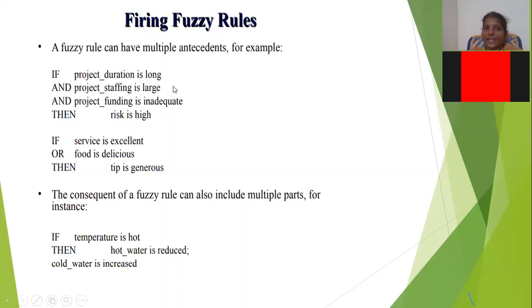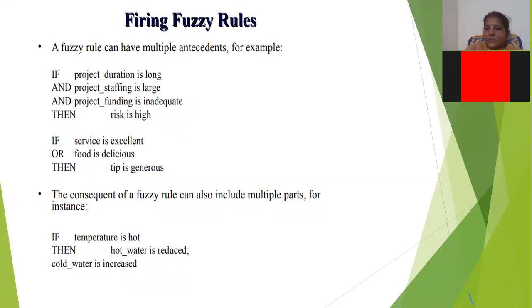So not only one antecedent, it may have multiple antecedents. Here you have considered the project duration is long, project staff is very large, project funding is inadequate. Then the risk for undergoing the project is very high.